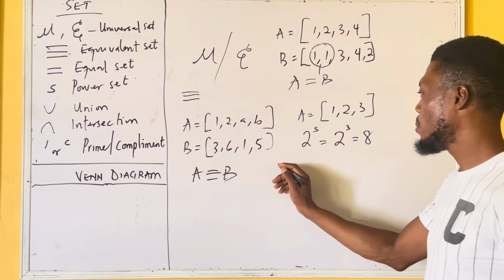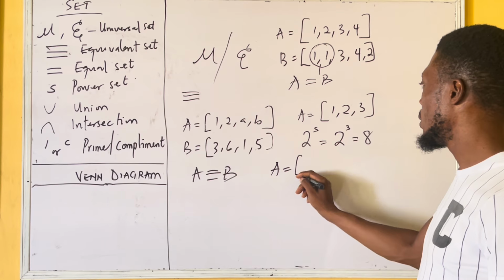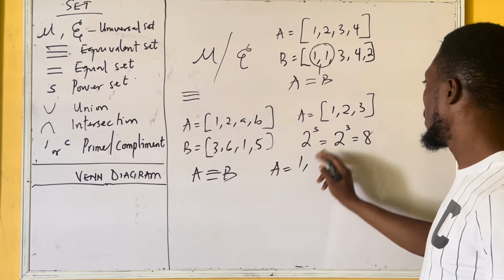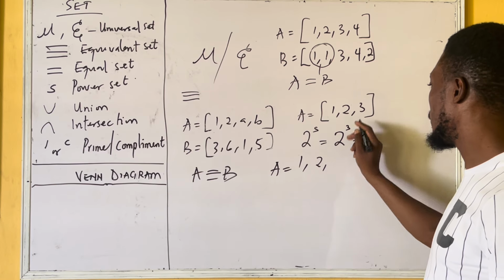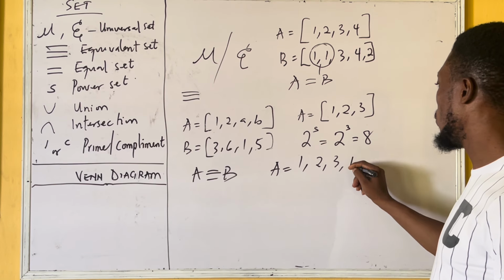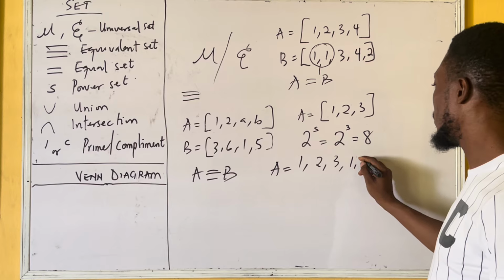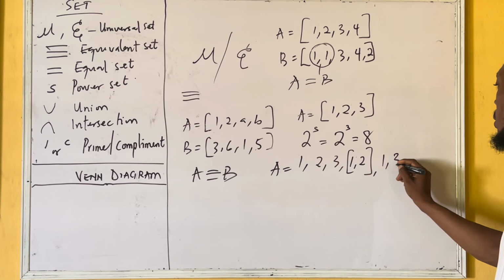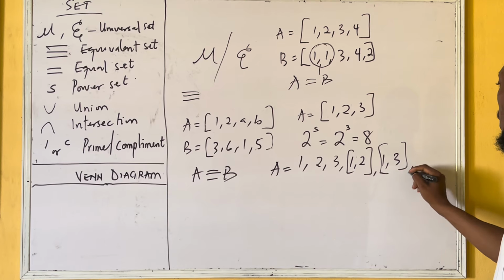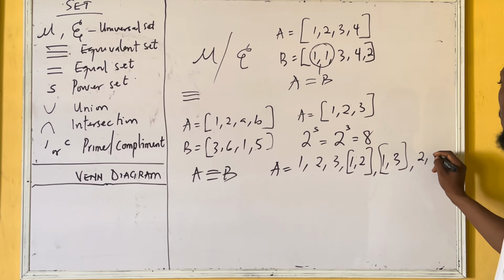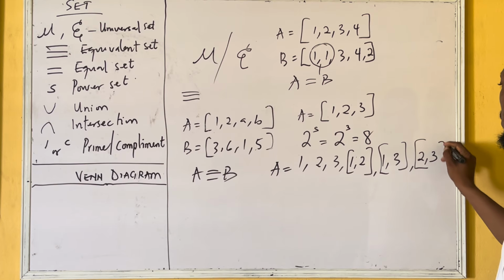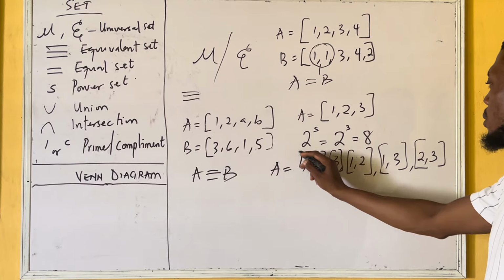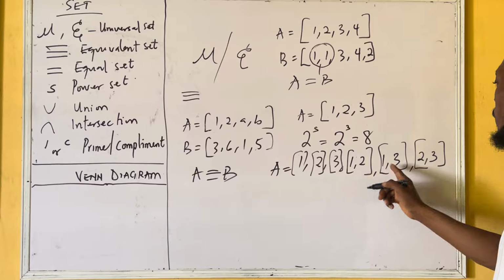So that means from A, I have 1, I have 2, I have 3, I have 1, 2, I have 1, 3, I have 2, 3, so this is 1, 2, 3, 4, 5, 6.